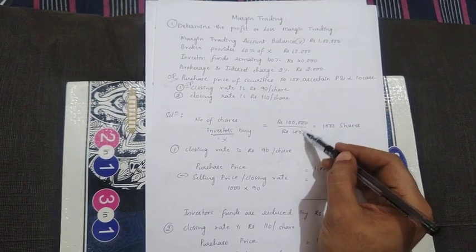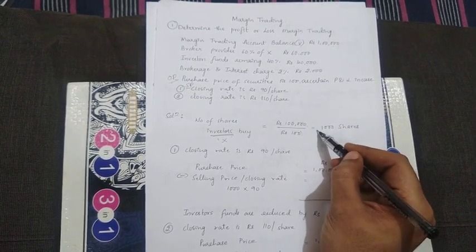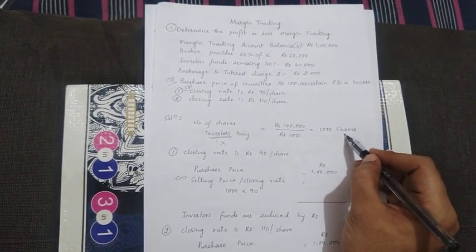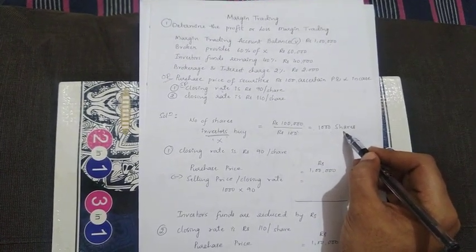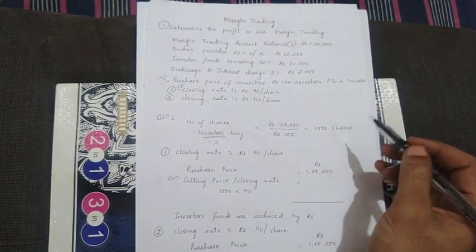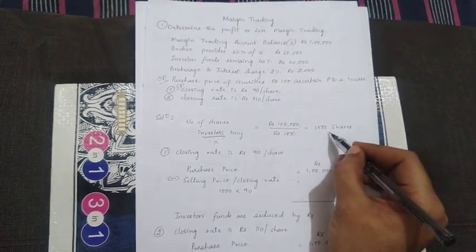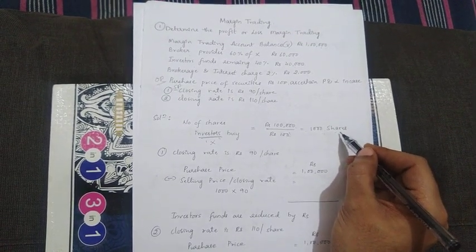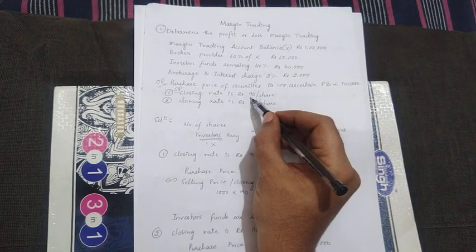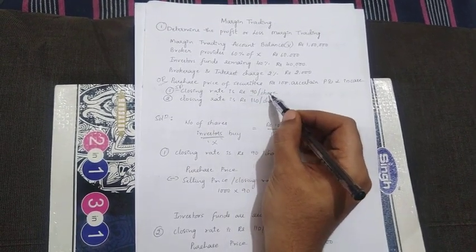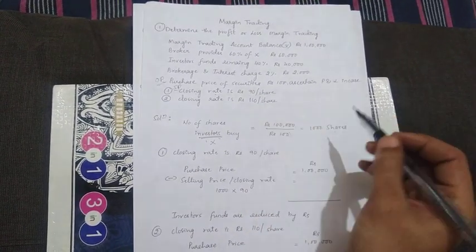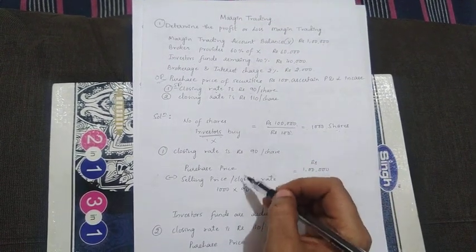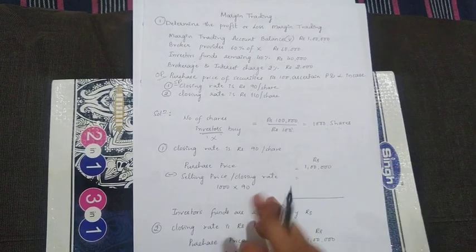Taking these values, we get the quotient 1000, and that 1000 is taken as the number of shares the investor wants to buy. Why do we take the number of shares? Because the price is there for each share, so if we have the number of shares, it will be very easy to calculate the rest of the problem.